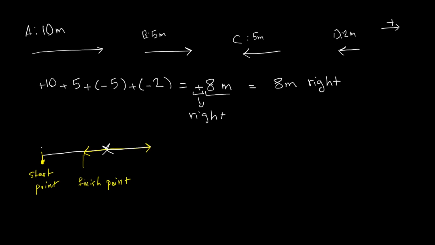The sum of these vectors is a vector that starts from start point and ends at finish point. And this vector is sum of all these vectors, and it's 8 meters, and as you can see, it's to the right. So we have 2 methods to add vectors here.